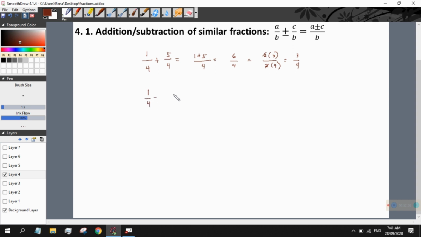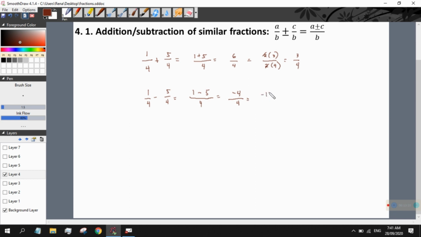if you have a subtraction operation between the two fractions, parehas na procedure pa rin yung gagawin. Just copy the denominator and then perform subtraction on the numerator. 1 minus 5 is negative 4, and then negative 4 over 4.